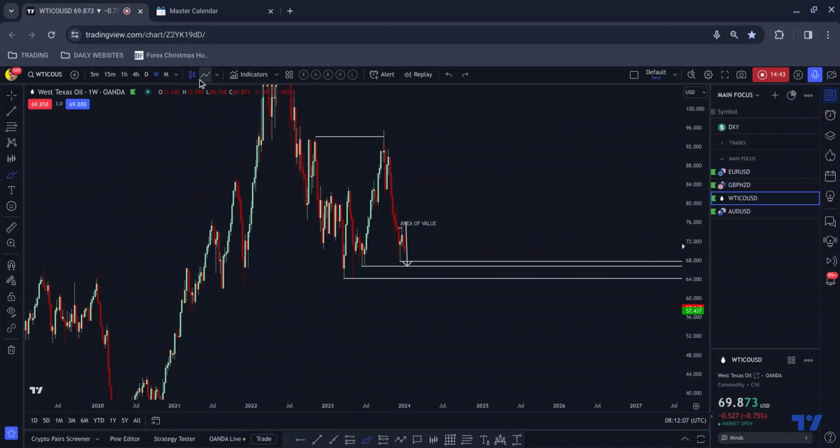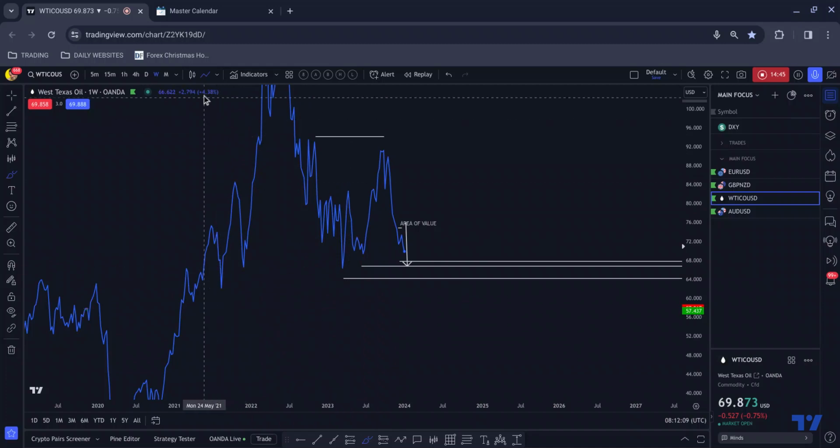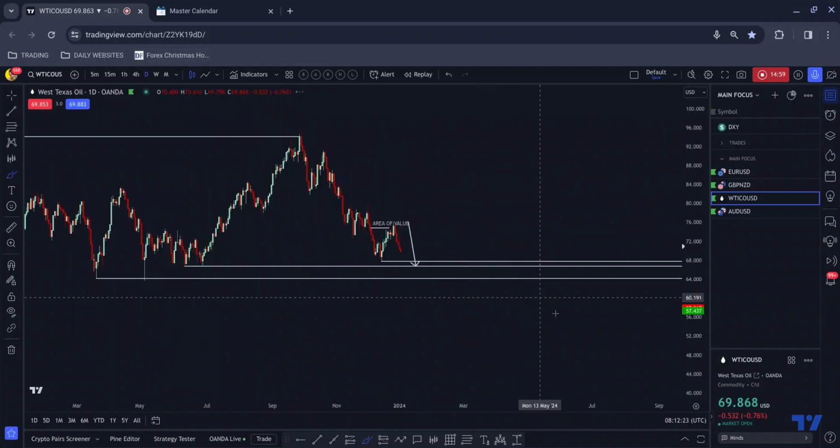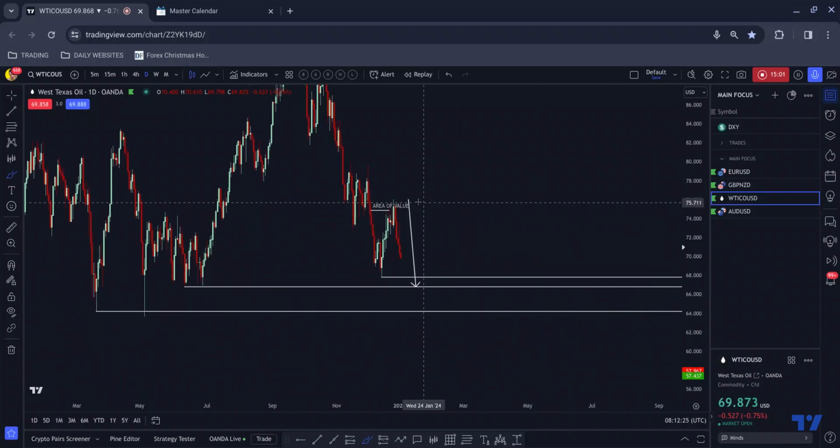If we switch to the line chart, you can see that big wick doesn't appear. So we have a near miss to here, a near miss to here, suggesting, given that we've tapped into all of this volume, that the sellers will be getting out of their positions around here, which makes a potential short trade a likely option.